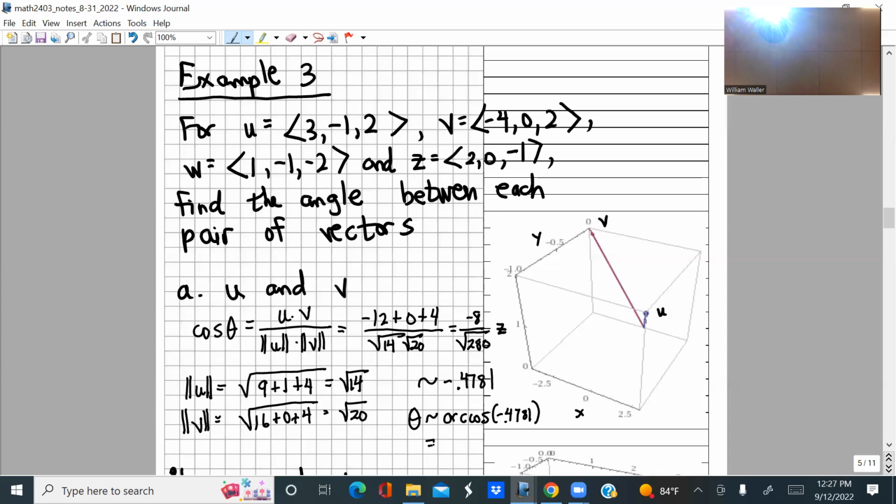And we get about 118.56. Okay, so indeed, it's bigger than I thought it was actually. It's not quite up to 135 degrees, but it's well past 90 degrees. That angle between those two.